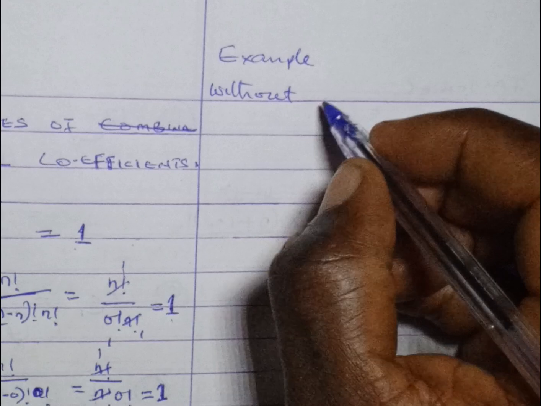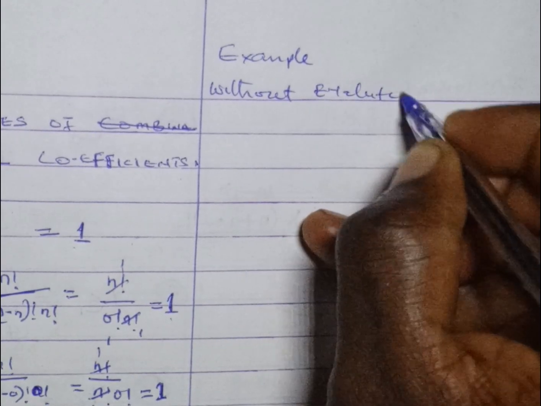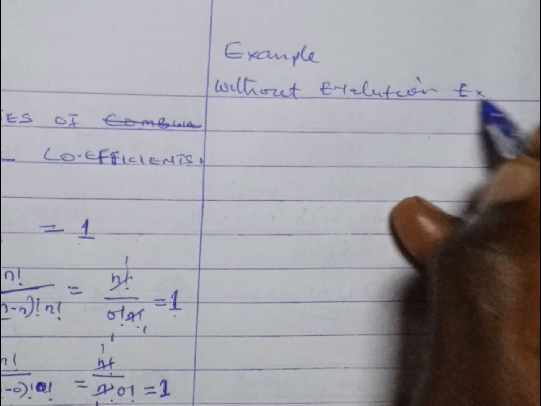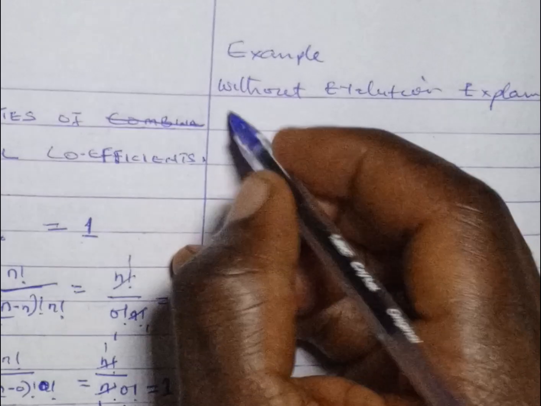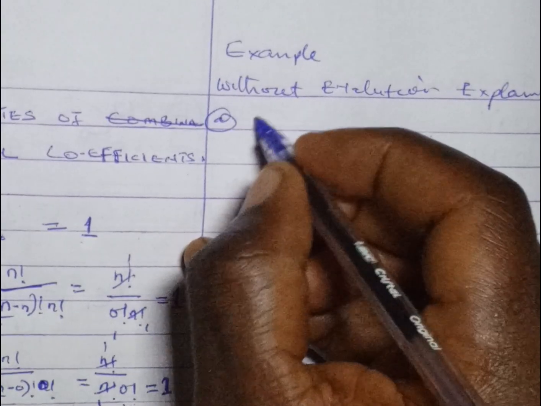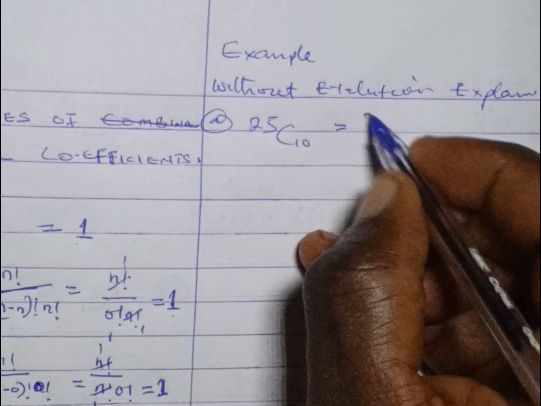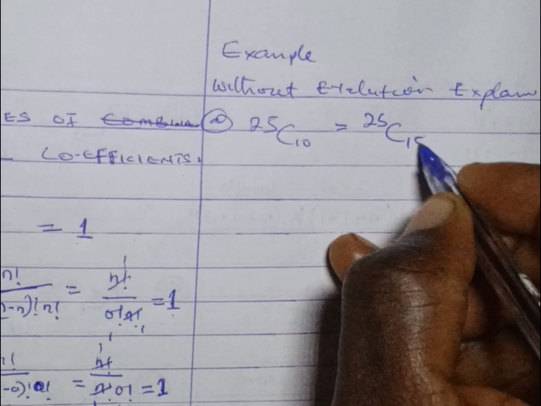Without evaluation, explain that 25 combination 10 is the same as 25 combination 15.